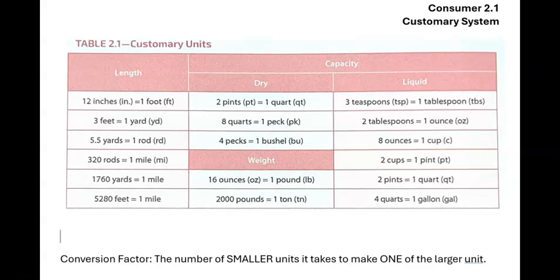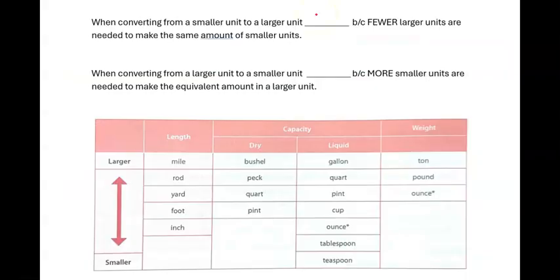And then from there, we need to decide if we're going to multiply or divide. This is where students tend to get confused, but if you think about it logically, it makes sense. When you convert from a smaller unit to a larger unit, you're going to divide because it takes fewer larger units to make up the same amount of a smaller one.